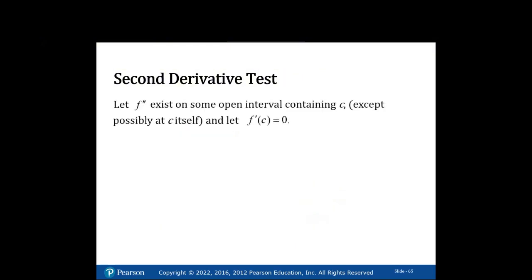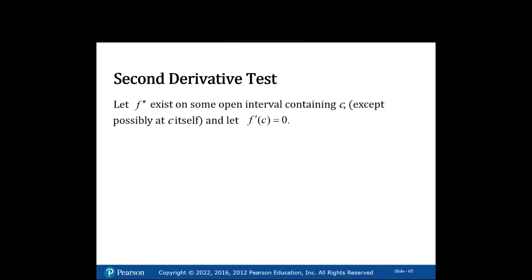So the second derivative test, full on definition of how we do it. We have to have a double derivative that exists on some open interval containing some x value c, and it exists on that interval except maybe not at c itself, because we're allowing for it to be undefined. And we want that the first derivative of that value is 0.